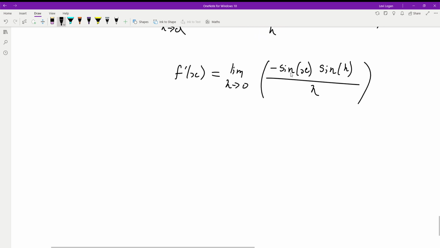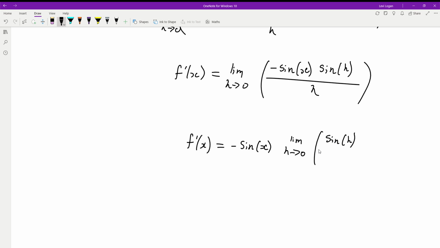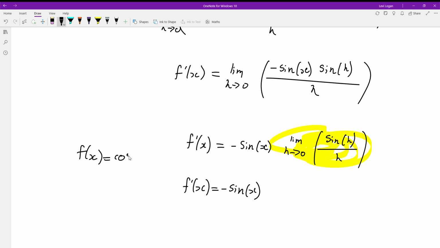I can take out minus sine of x out of the limit because it's independent of the variable. The x doesn't depend on h at all, so I'll get f dash of x is equal to minus sine of x, the limit as h goes to 0 of sine of h divided by h, and we know, of course, this guy here is 1, so that means f dash of x is minus sine of x when f of x equals cos of x.